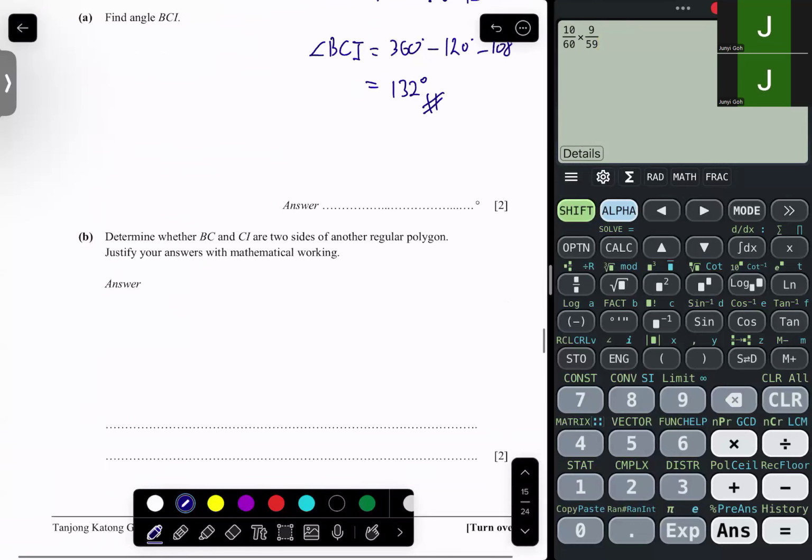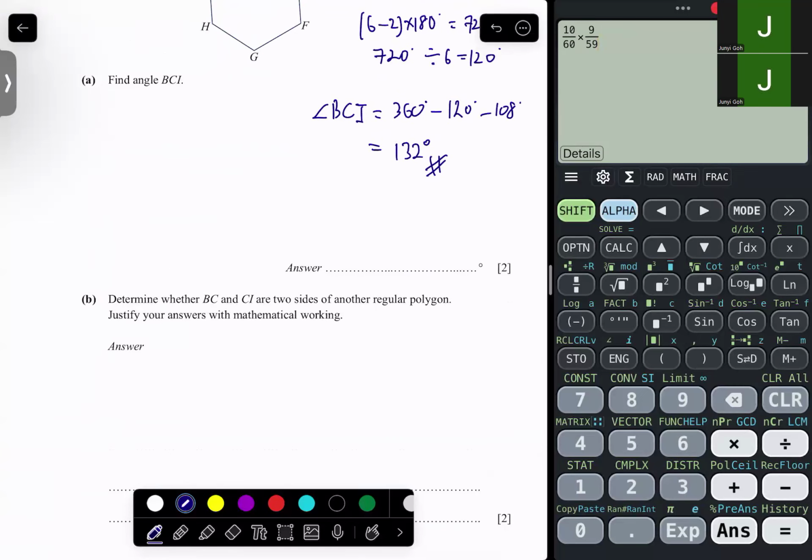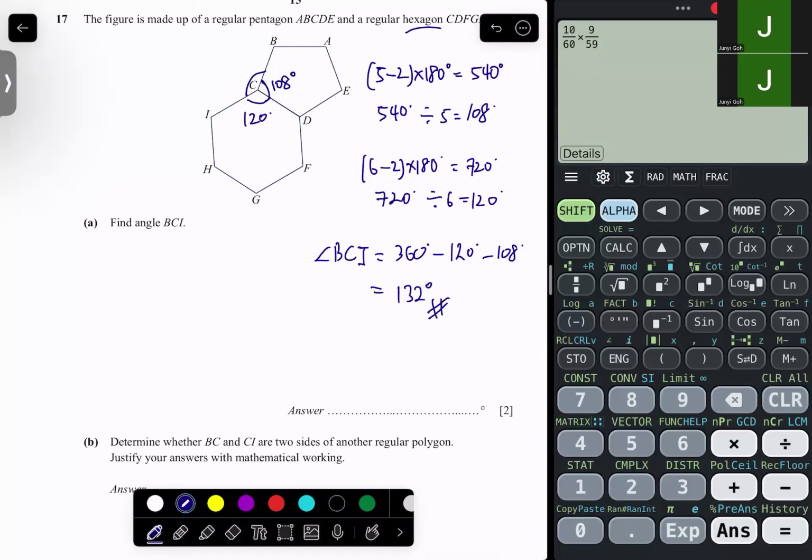Justify whether BC and CI are two sides of another regular polygon. BC and CI, right? If this was to be another polygon, then BCI would be the interior angle.